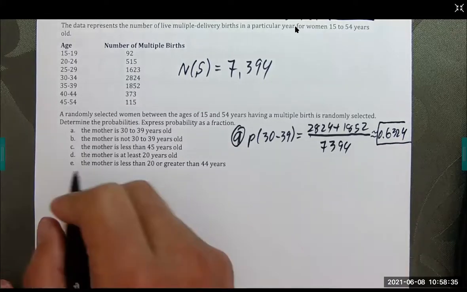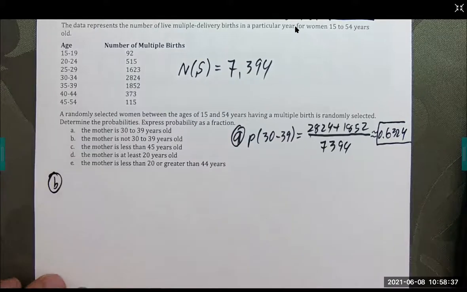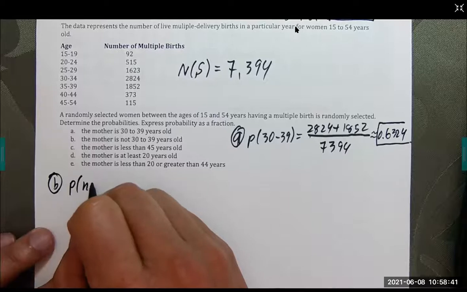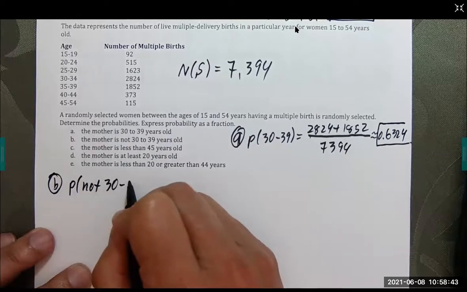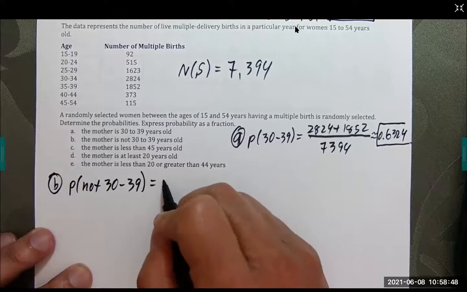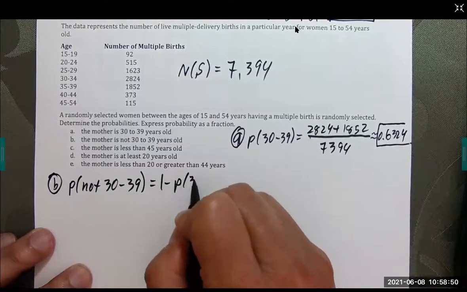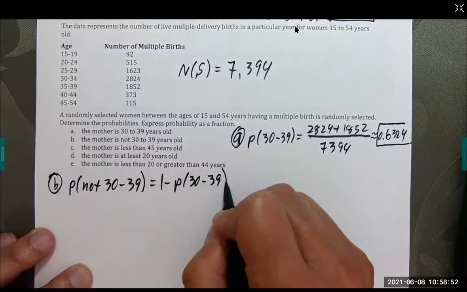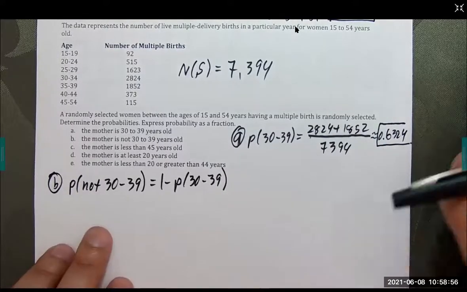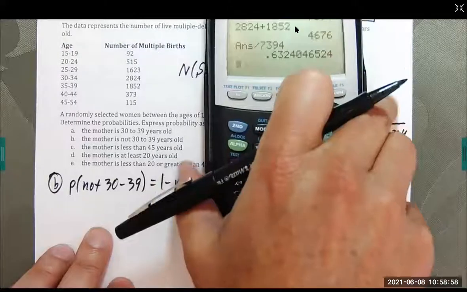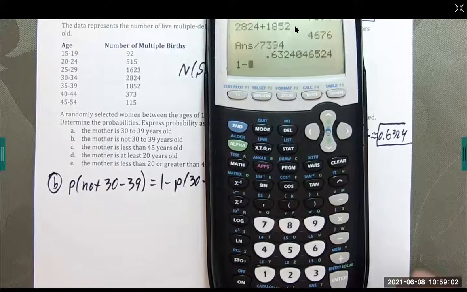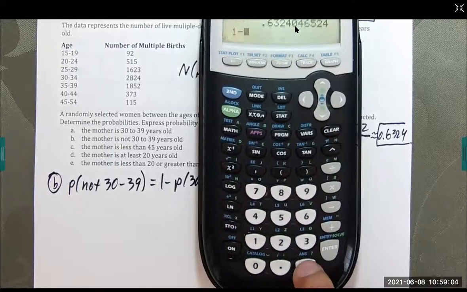Part B. Mother is not 30 to 39 years old. So P of not 30 to 39. Now I'm going to use the complement rule here, and I'm going to take the complement of that. I'll show you a little trick with the calculator here. So I'm going to go 1 minus. Now, if I want the previous answer, if you can see above the negative button, it says answer.